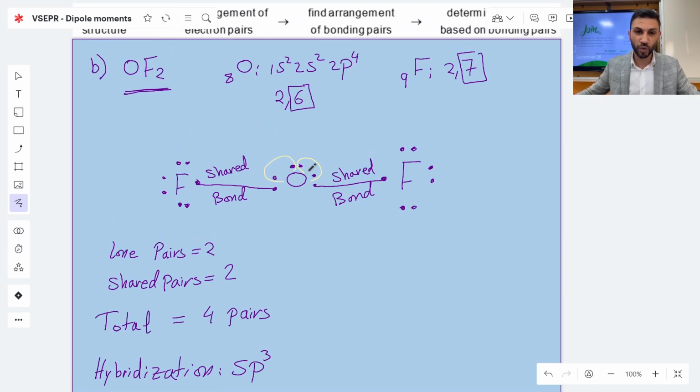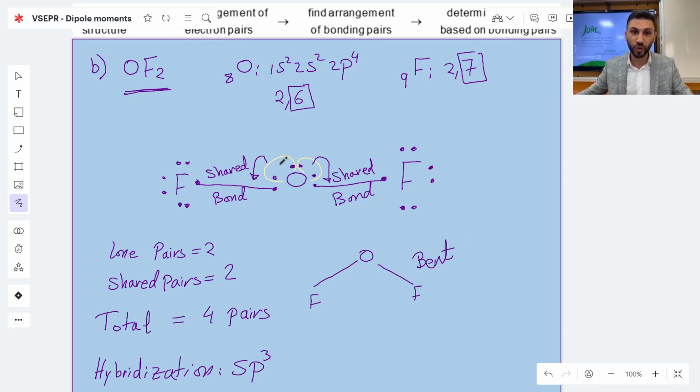And because of those 2 lone pairs, it's not going to be linear anymore. The lone pairs will push away the shared pairs, and the shape will be like this, O, F, and another F, so it's going to be bent.